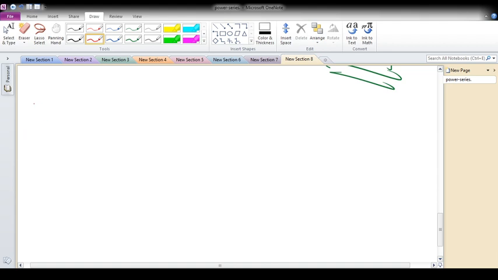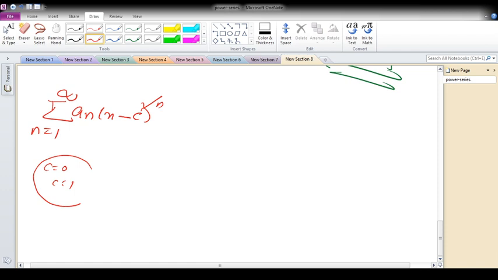So I will give some remarks and conclude here. The power series is summation a_n (x minus c) power n, n equal to 1 to infinity. An infinite series of the form summation n equal to 1 to infinity a_n (x minus c) power n is called a power series around c. So we can take c equal to 0, c equal to 1, any number. But remember that a_n should be independent of x.